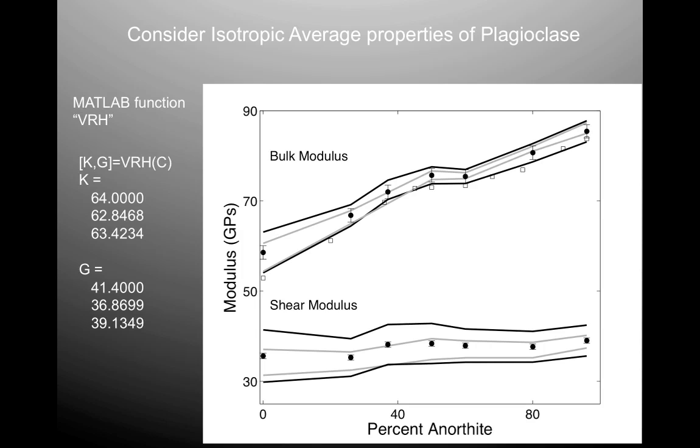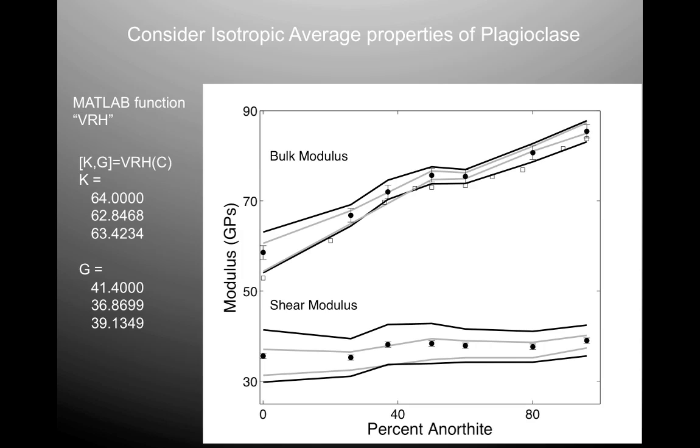The error bars represent the statistical uncertainty in determining the elastic constants. The black lines, the upper being the Voigt and the lower being the Reuss bounds, and I've connected the Voigt-Reuss bounds by lines, and you'll see that, in fact, albite is the most anisotropic. It has the widest Voigt-Reuss bounds. At the intermediate composition, the Voigt-Reuss bounds tighten up and then expand only slightly as you go to pure anorthite.